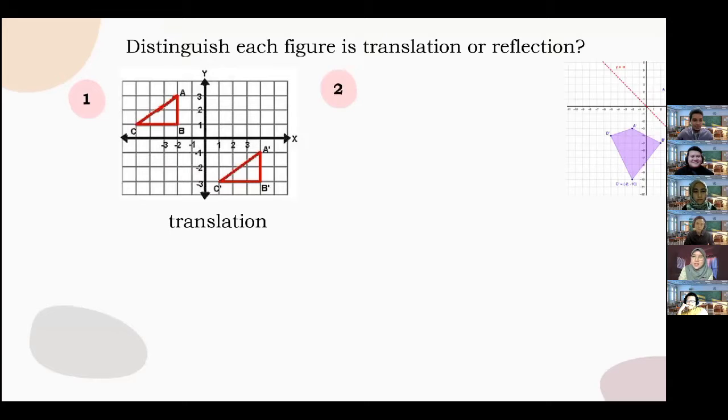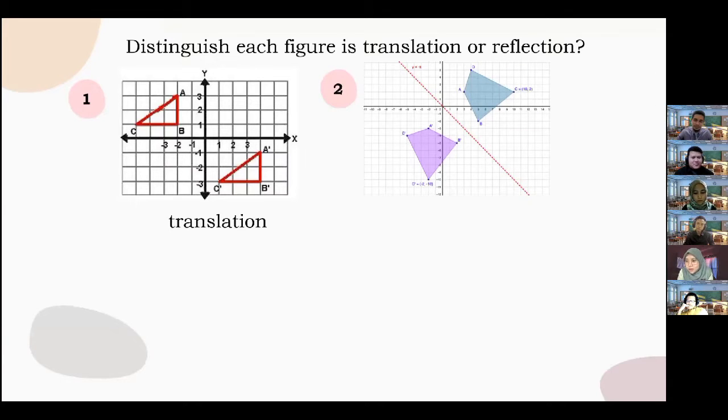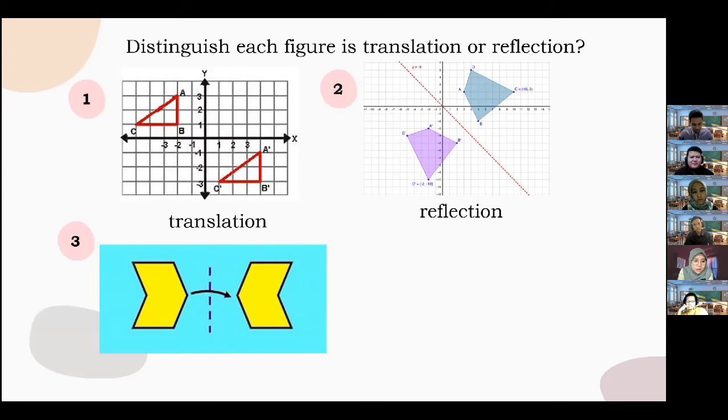Next, what kind of transformation is this? Reflection. Correct. Next, figure 3. Reflection. Are you sure? Yes, I'm sure. Okay, correct.